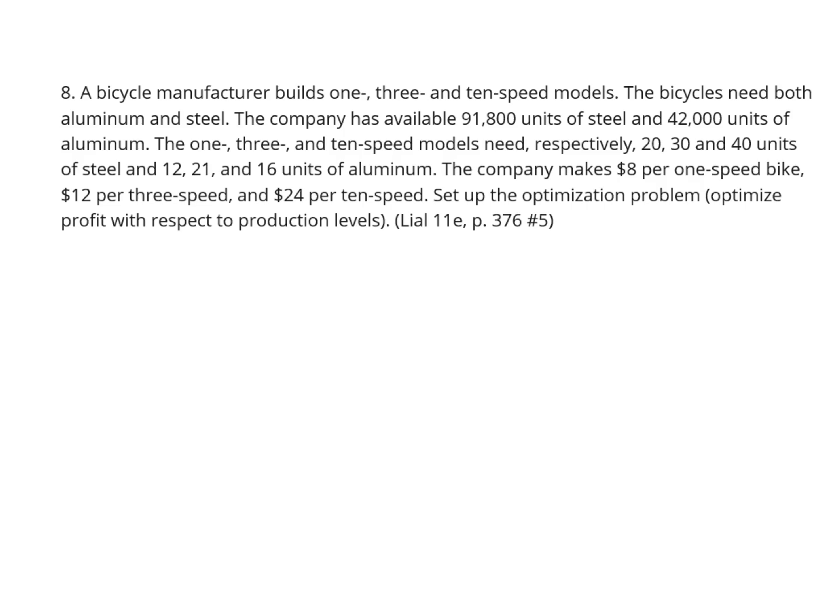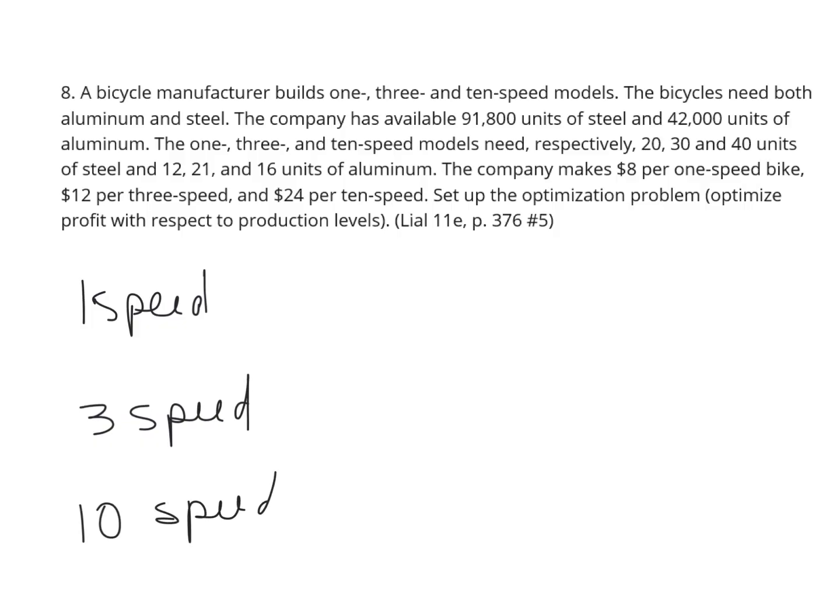So in this case, we have a 1-speed bike, right? We have a 3-speed bike and we have a 10-speed bike. The resources we have are aluminum and steel.